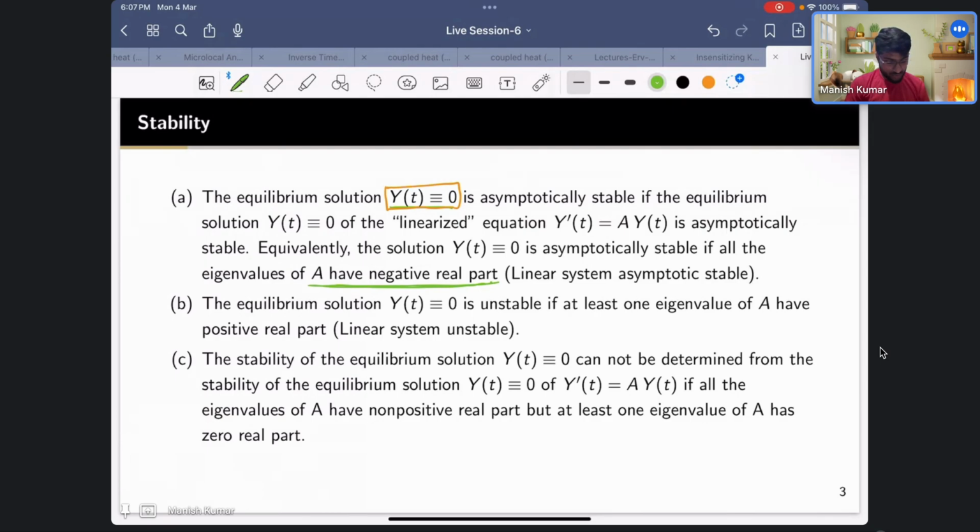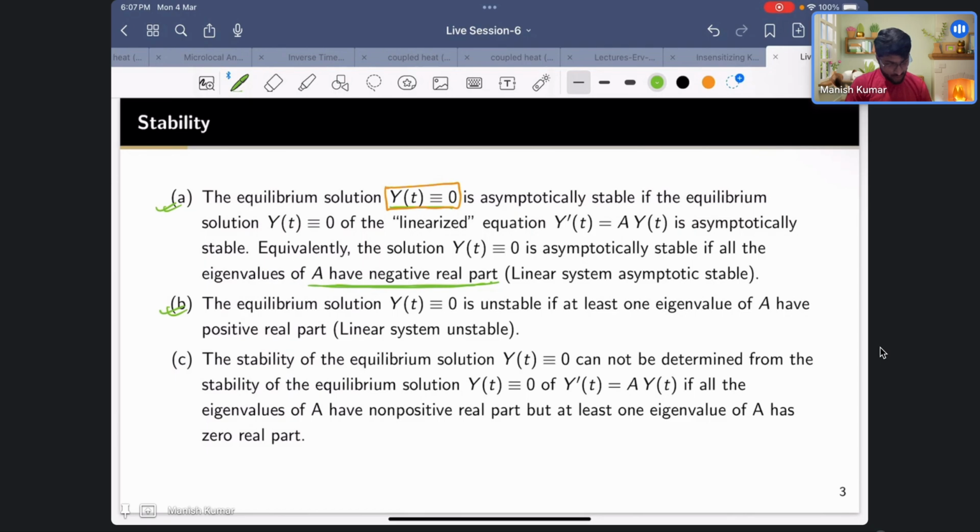The second thing we saw was that it was unstable if the equilibrium point 0 0 is unstable for the linearized system, right? So in these two conditions we saw that using the stability of the linearized system we concluded about the nonlinear system.